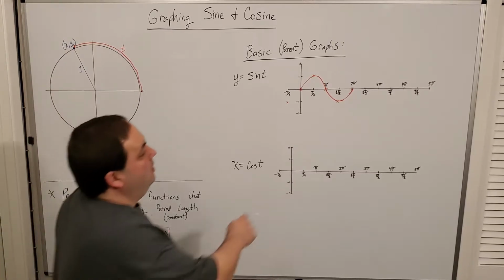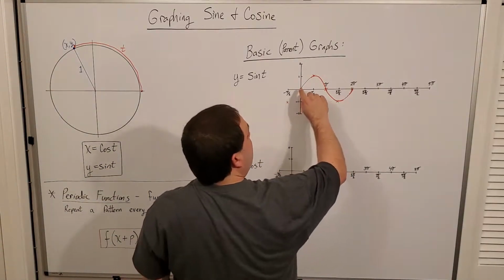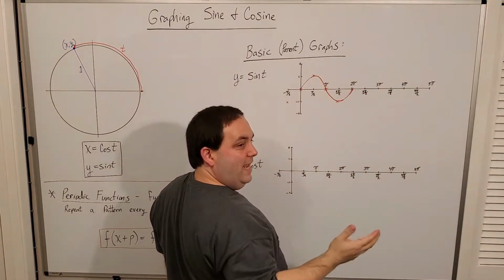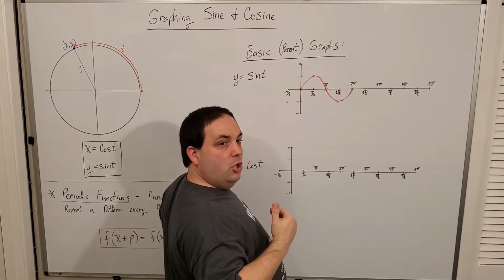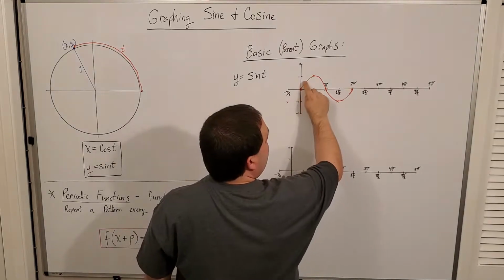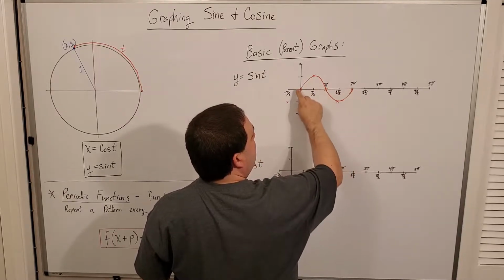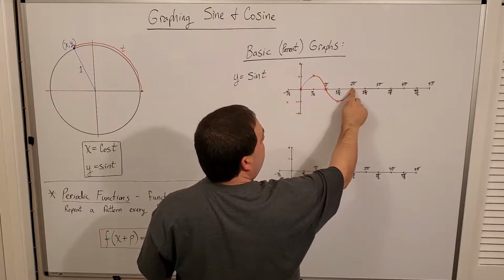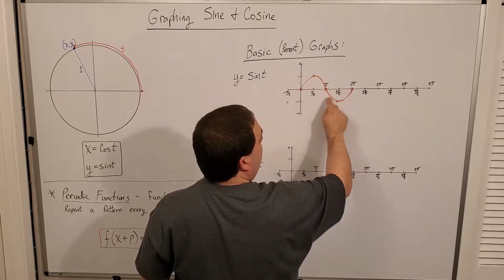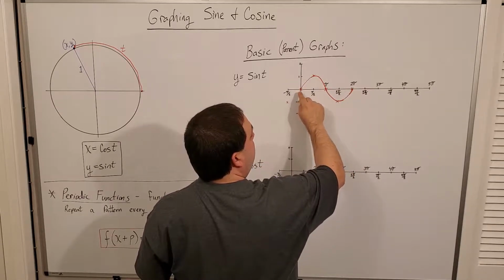And since I'm going around the circle again, there's nothing new. There are no new values. This little stretch from 0 to 2 pi is one go around the circle.